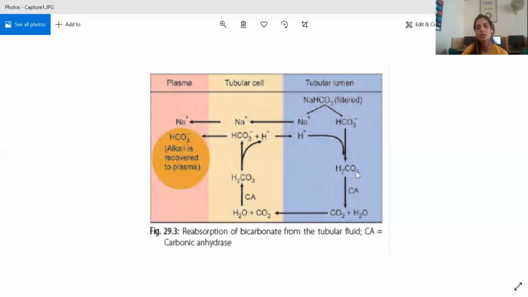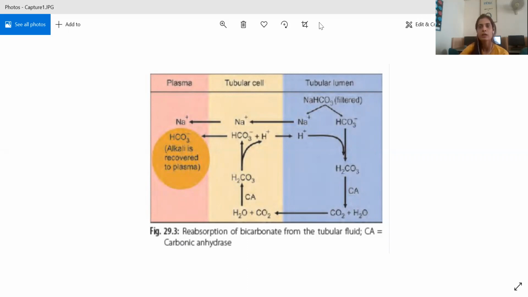Now it will again combine with HCO3- in your tubular lumen to form H2CO3 again, and in the presence of carbonic anhydrase, it will form carbon dioxide and water, which will be transported to your tubular cells. So it will be a complete cycle. It will keep going on and on.